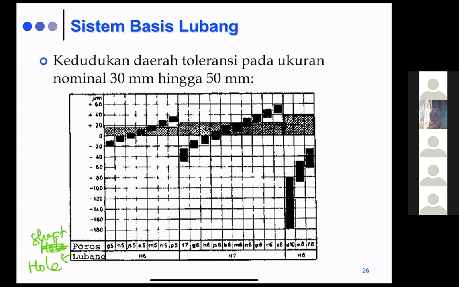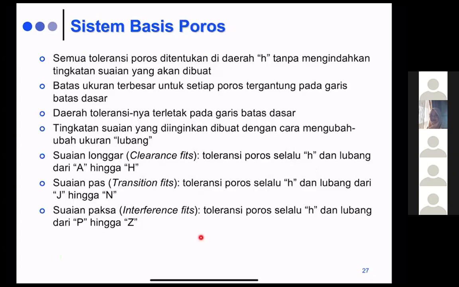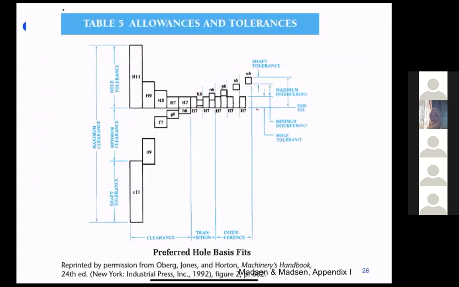Okay, we can see this is a G5 and 6 and so on, and this one is the type of the hole. Now for the shaft based system, all the tolerances we can check over here. This one is the hole based fits here.